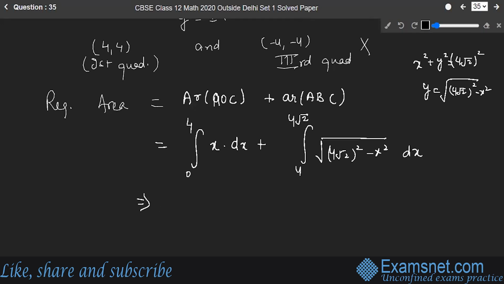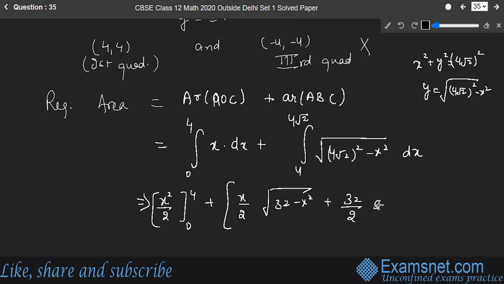This will be equal to x square upon 2 with limits 0 to 4, plus x upon 2 root of 32 minus x square plus 32 upon 2 sine inverse x upon 4 root 2, with the limits from 4 to 4 root 2.